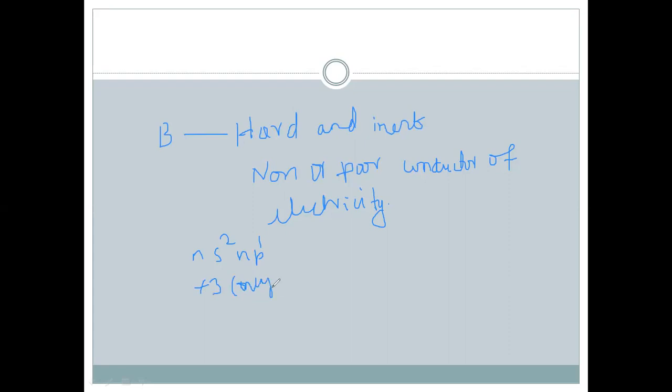Only +3 for boron. Okay. Now, other members like aluminium can show +3, then they can show +1 state also.